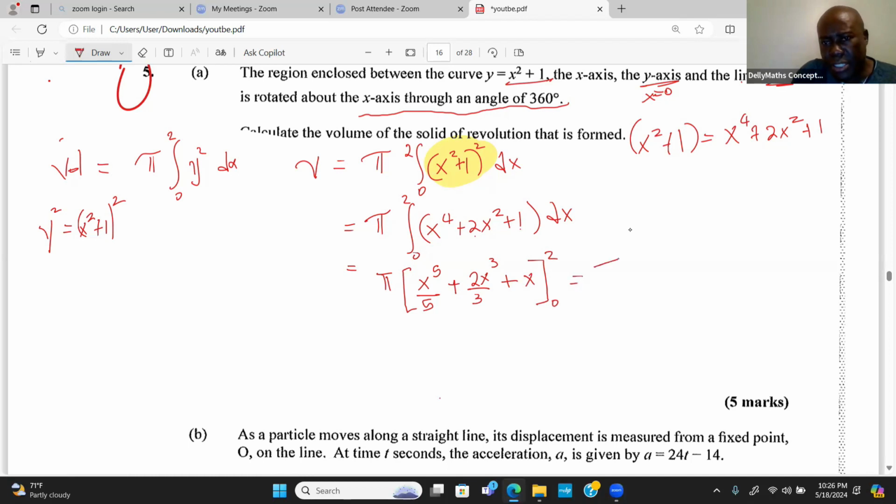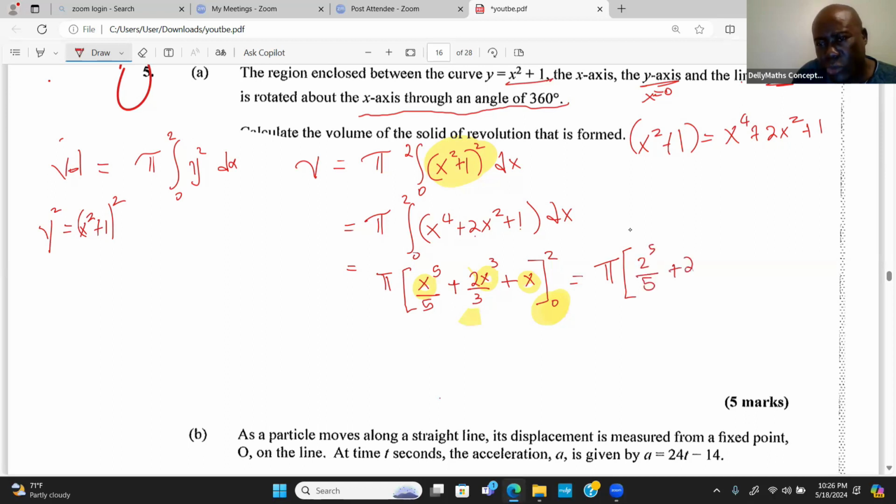Now, think about this. So this is pi here. I'm going to substitute 2, but because this is a 0 here, all of the variables here would become 0. So this part, I don't need to work out because I'm going to get 0, but definitely it's going to be pi. Let's substitute the 2 where x is. So I'll get 2 to the 5th over 5.